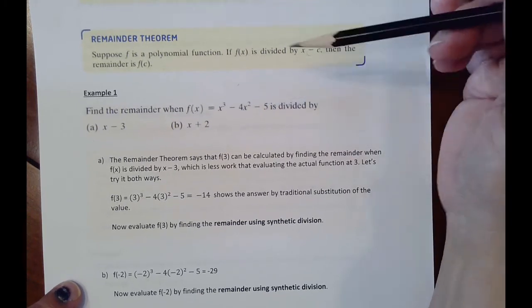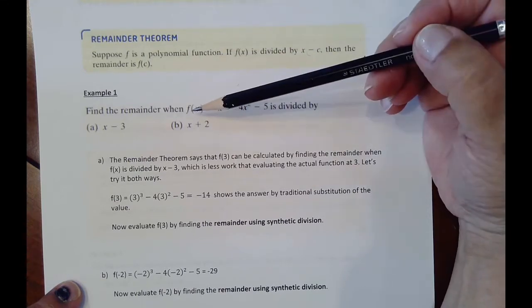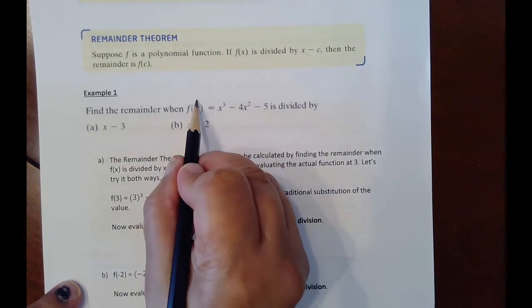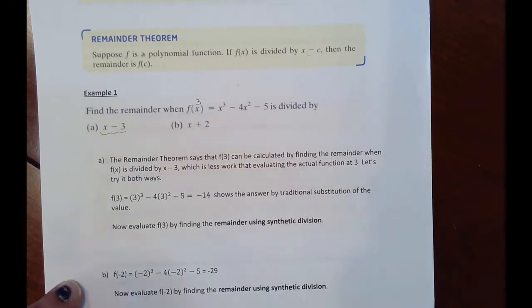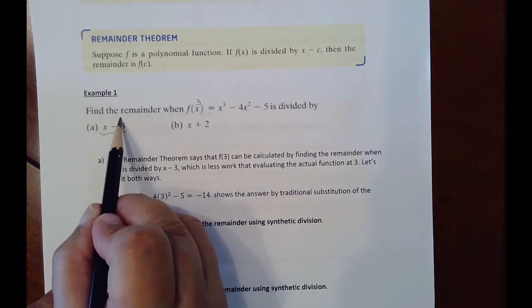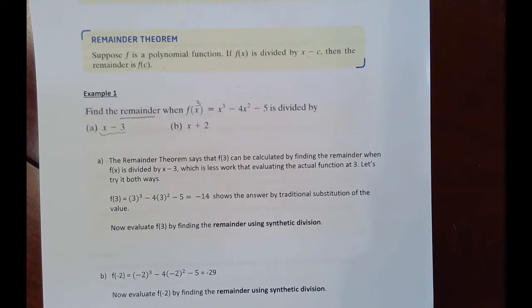and do the operations until you get the final answer. Well, what this theorem says is that if you were evaluating at 3, that's the same thing as dividing by x minus 3, and the remainder that you get is actually the same answer you get when you plug in the 3.